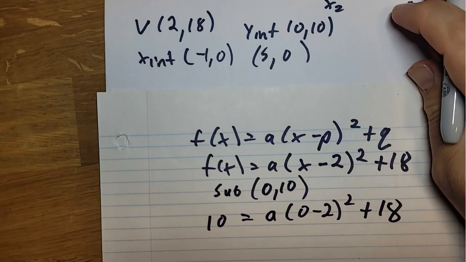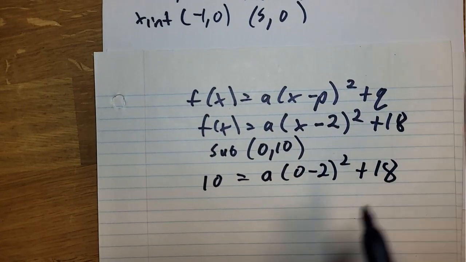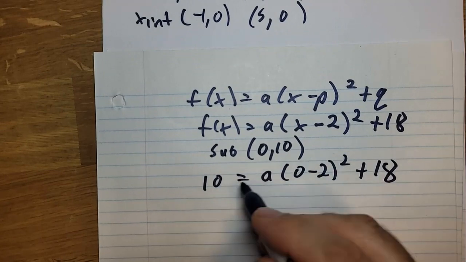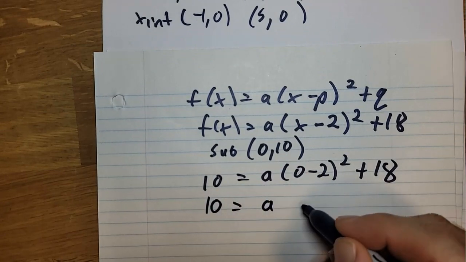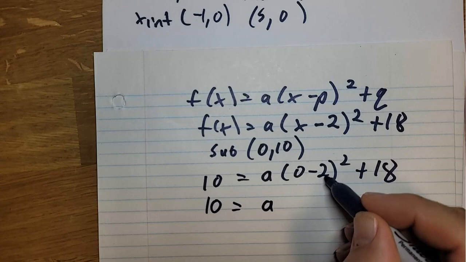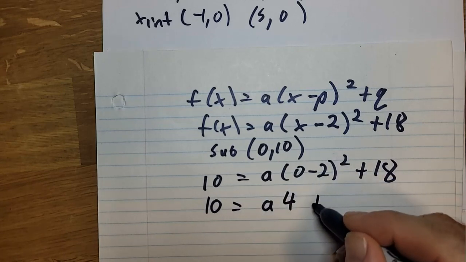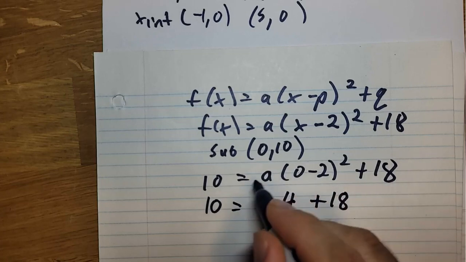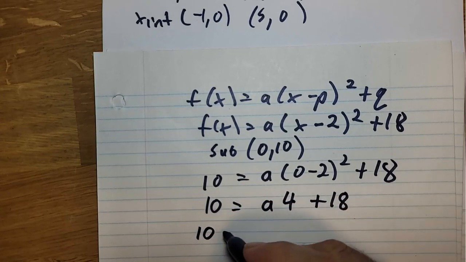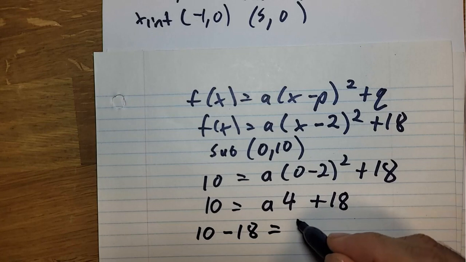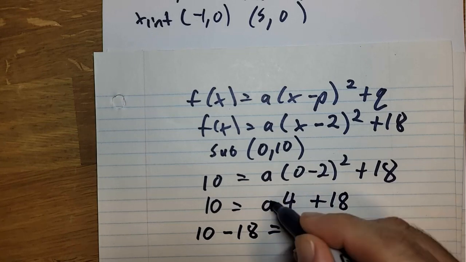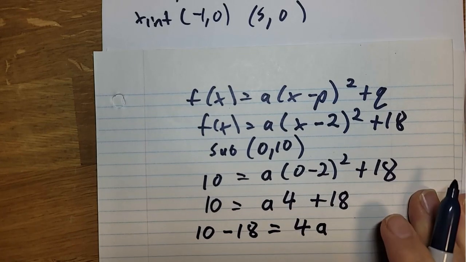Let's just raise that so everyone can see. So we got 10 here. Now 10 equals a times 0 minus 2, which is negative 2, times negative 2, which is 4, plus 18. Bring the 18 over. So 10 minus 18 equals 4a.